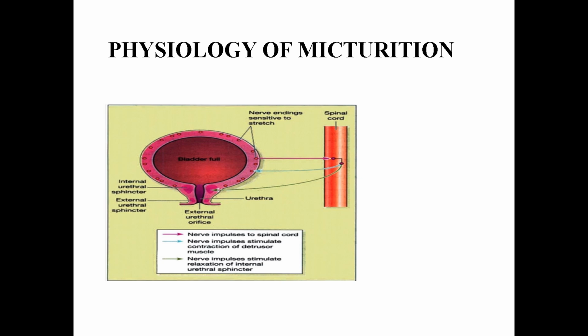Okay, so this process is coordinated by what we call the pons of the brain, which is found just above the medulla oblongata in the brainstem.